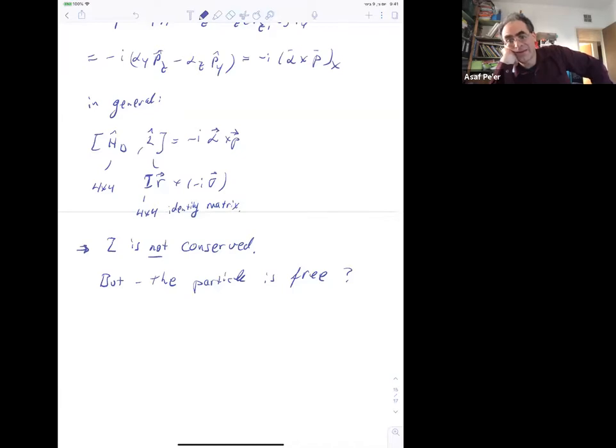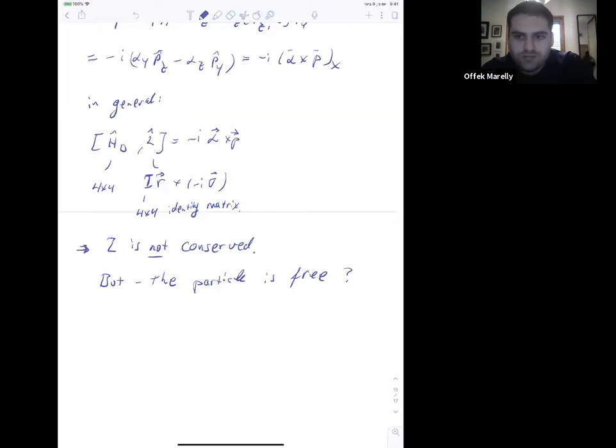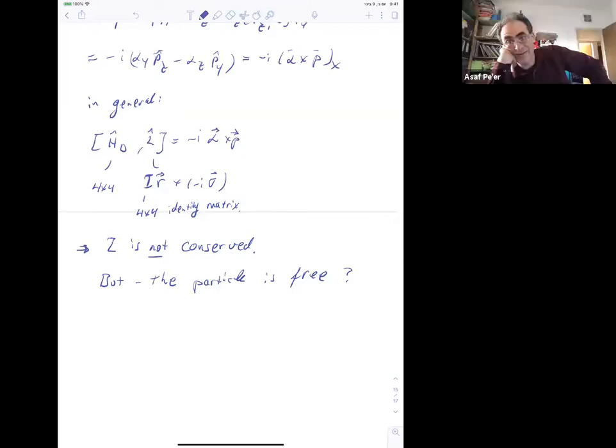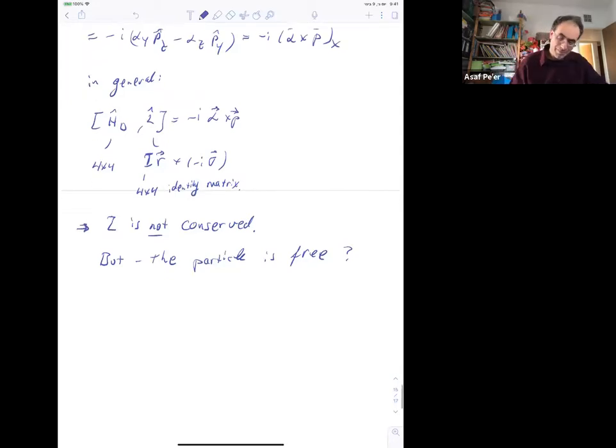Is this why there's spin? Yeah, very good insight. Excellent. What do we have to be conserved? The total angular momentum has to be conserved. J, right? J is L plus S, right?